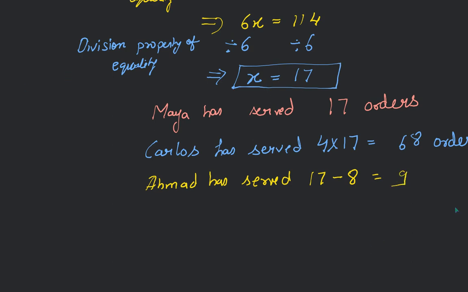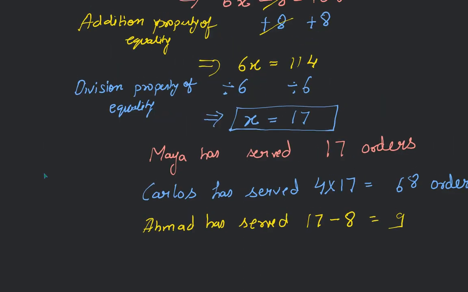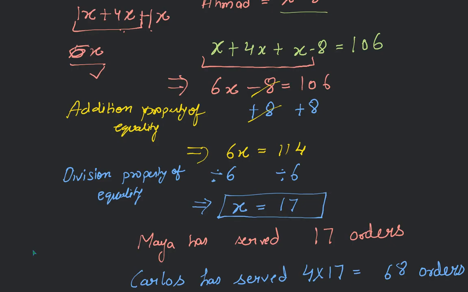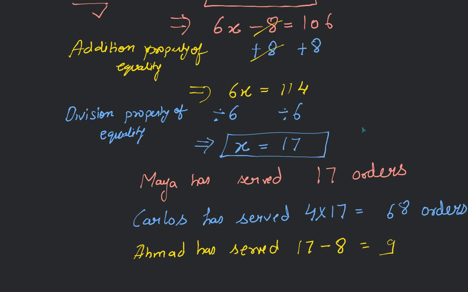So they have all 106 orders. So Carlos served 4 times as many orders as Maya, which is 68, and Ahmad has served 17 minus 8, that is 8 fewer orders than Maya. So it is 9.